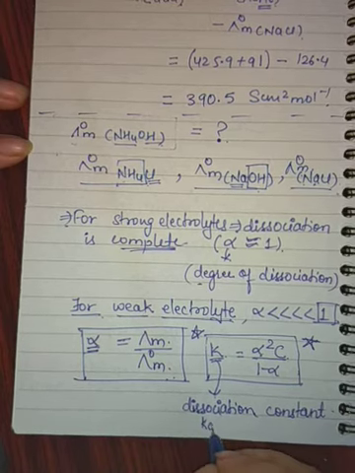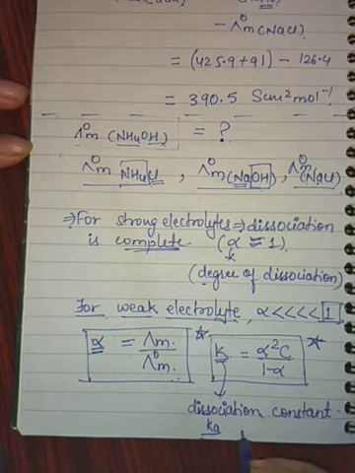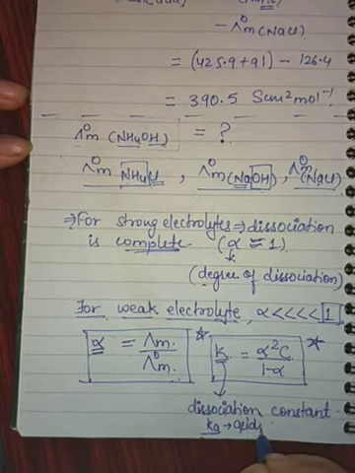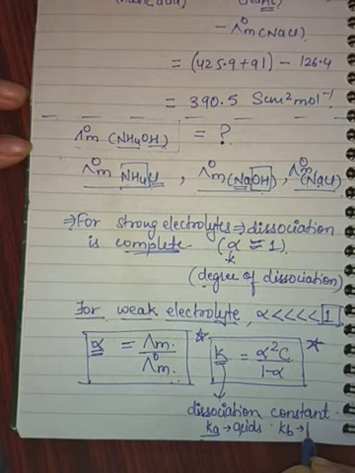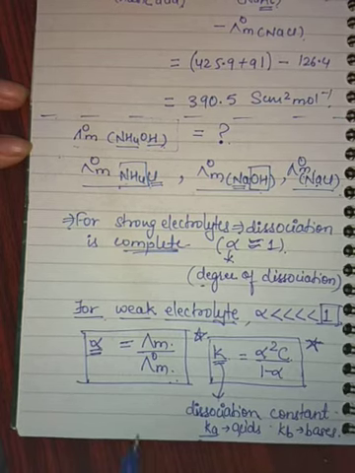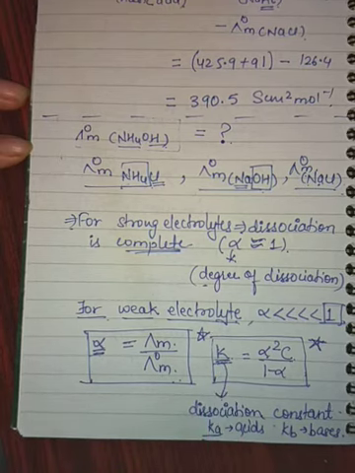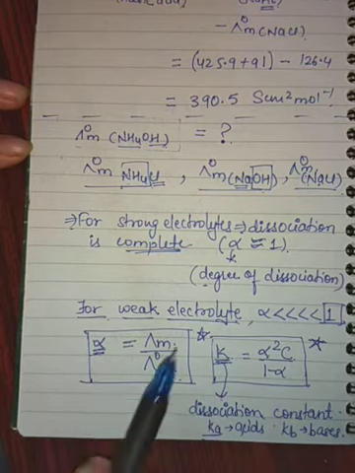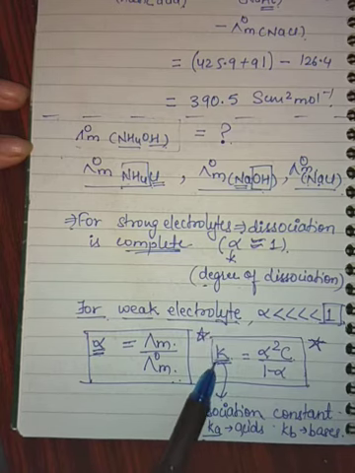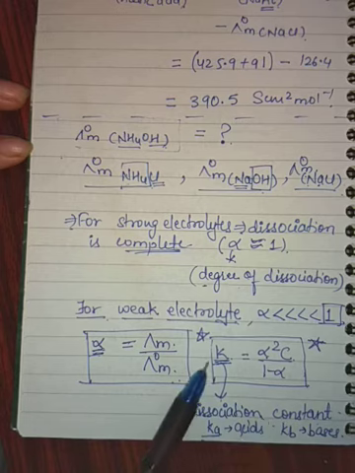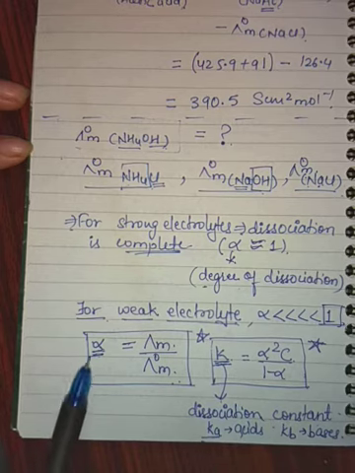If it is Ka, it will be for acids. If it is Kb, Kb will be for bases. These two are terms from equilibrium. So alpha is degree of dissociation, K is dissociation constant, Ka for acids, Kb for bases.